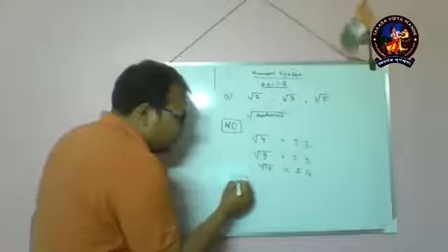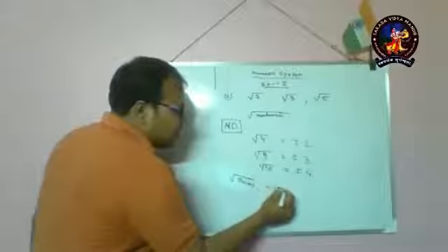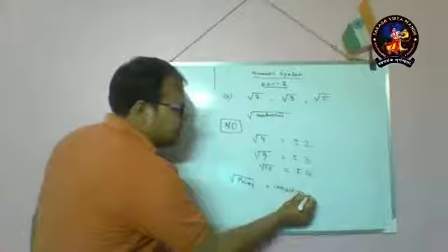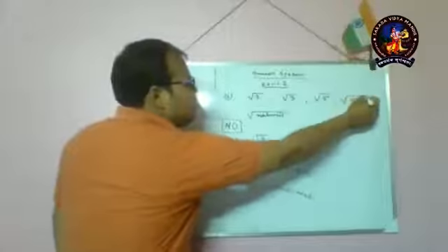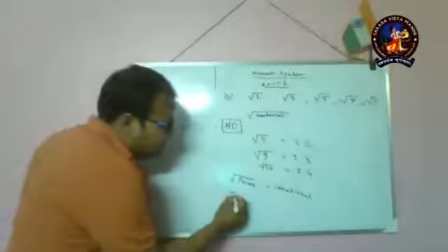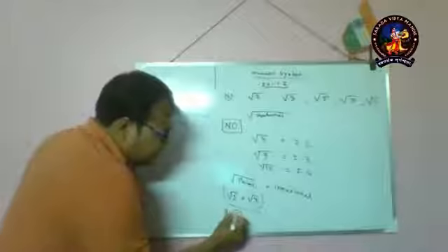In extension, I want to say the root of a prime number is always irrational. You may notice this one, 2, 3, 5, next irrational will be root 7, root 11. So roots of prime numbers are irrational numbers.